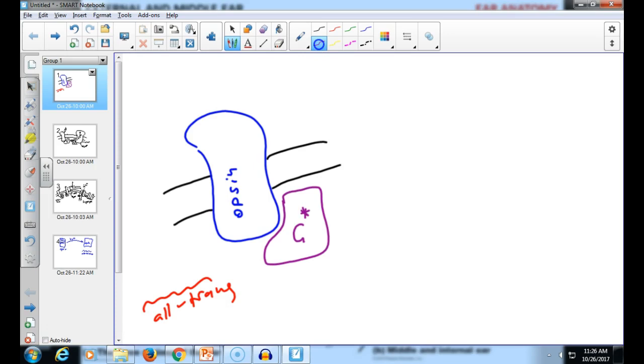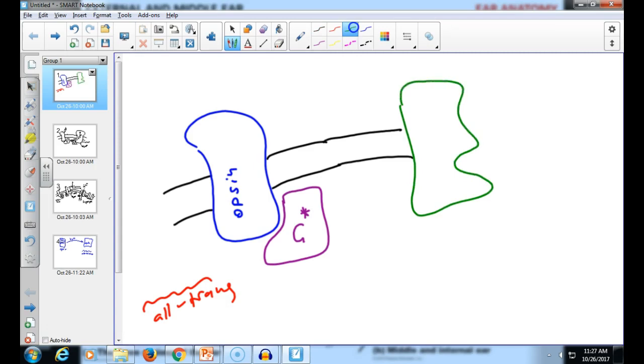And as it is activated, what does it do next? It binds to the enzyme and does what to the enzyme? Activates the enzyme. What do we call the enzyme?